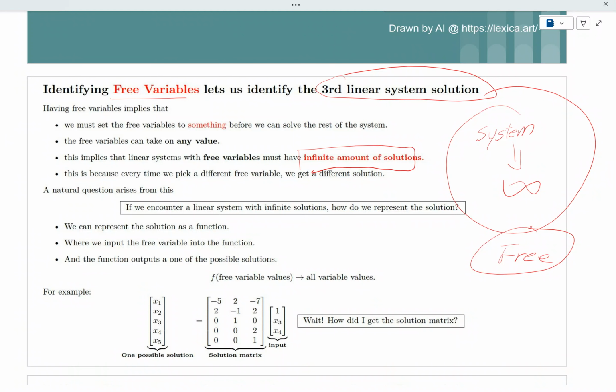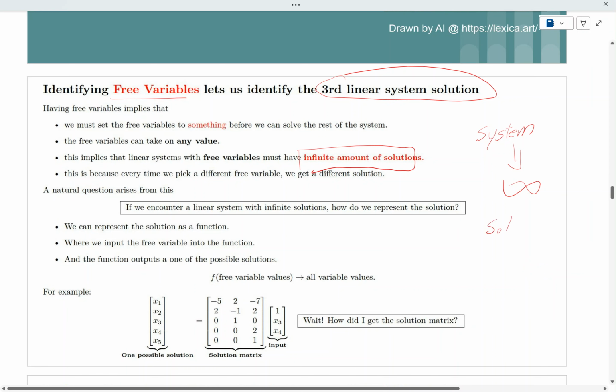The solution is not fixed because there are infinite of them. Instead, the solution depends on what you pick for the free variable. So the solution is simply a function where you put in the free variables.